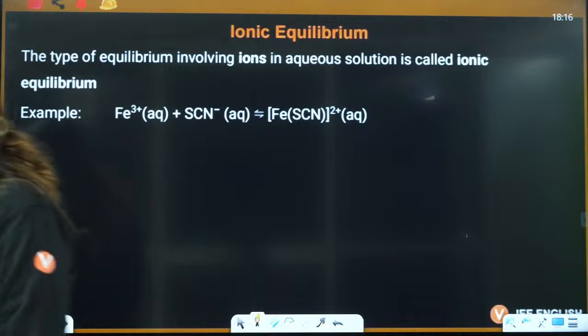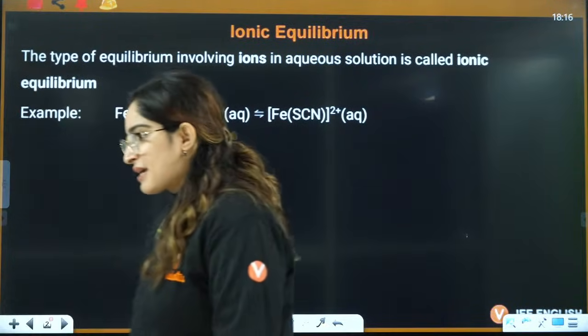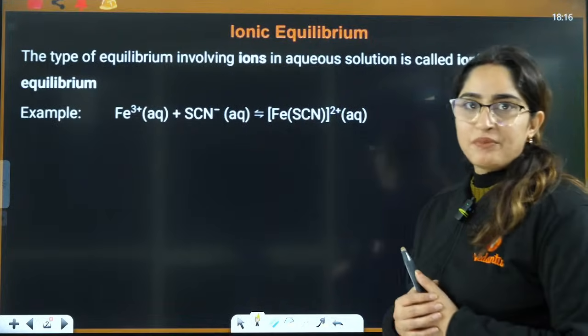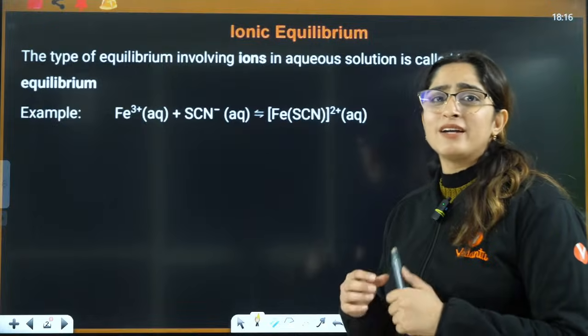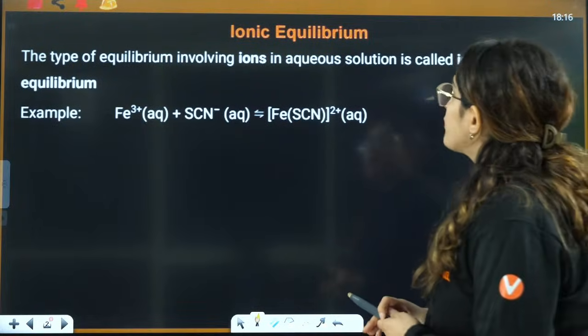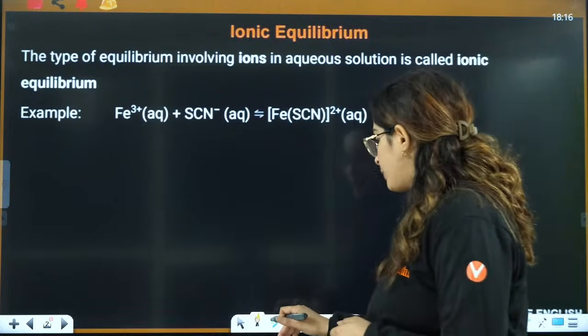Yes, students, let's see this over here. Excited to start ionic equilibrium. If you see ionic equilibrium, here ions are involved, dissociations we talk about. The type of equilibrium involving ions in aqueous solution is called ionic equilibrium.